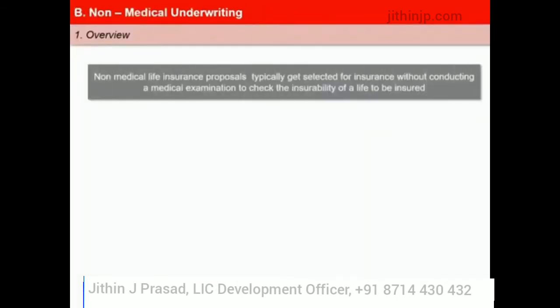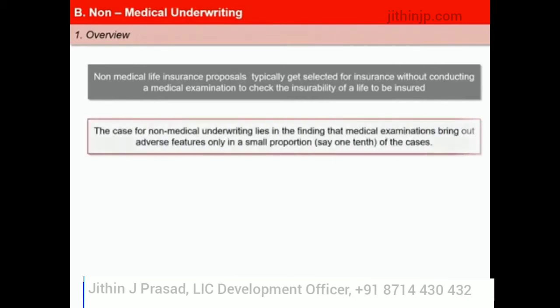Non-medical life insurance proposals typically get selected for insurance without conducting any medical examination, which is required to check the insurability of a life to be insured. The case for non-medical underwriting lies in finding that medical examinations bring out adverse features, but in a very small proportion, say 1/10 of the cases.